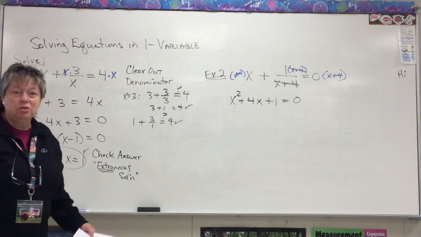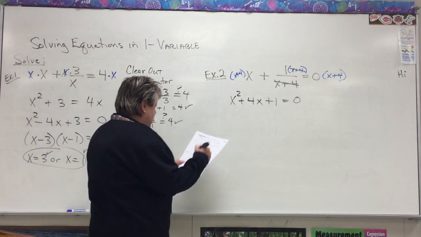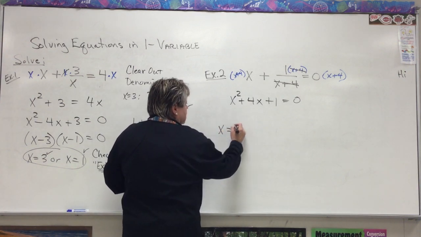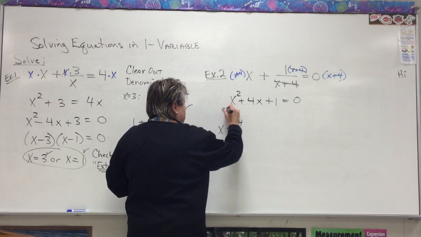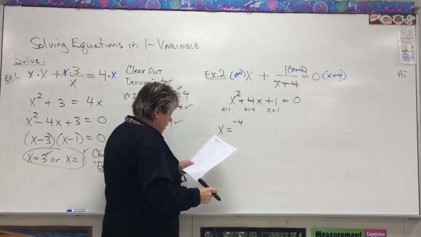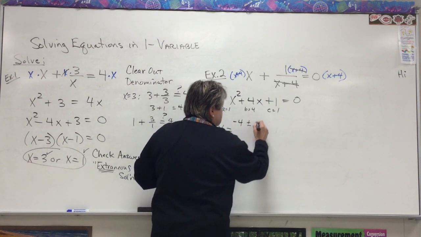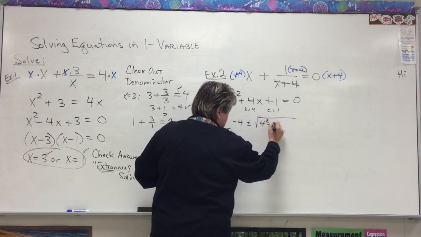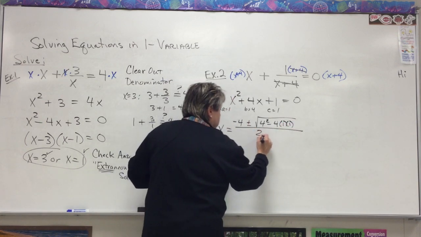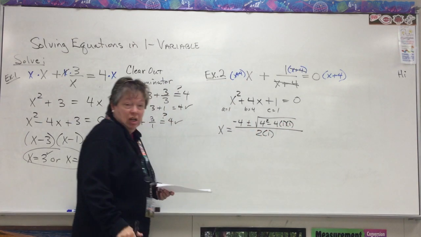So we want to try to solve this one. Unfortunately on this one, we're not going to get something nice to factor, so we have to go through and do the quadratic formula. So remember, a is 1, b is 4, c is 1. So we'd have negative 4 plus or minus the square root of 4 squared minus 4 times 1, all over 2 times 1.